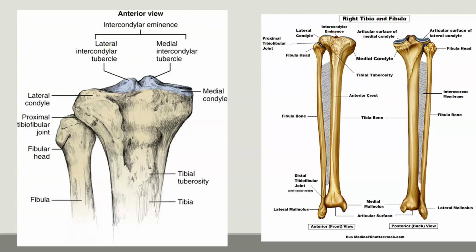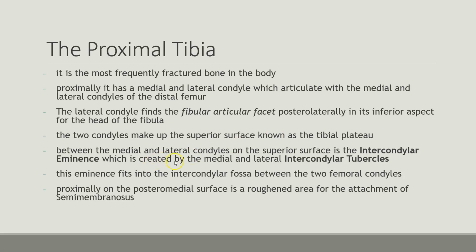We're going to discover something when we do the knee joint that helps make this congruency a bit better, but it is actually quite flat on the top. So we say that the two condyles make up the superior surface, which is known as the tibial plateau. The reason for the term plateau is because it is relatively flat at the most proximal aspect.